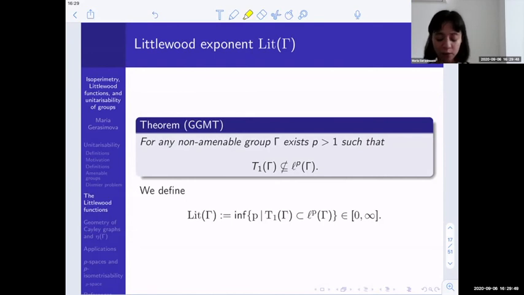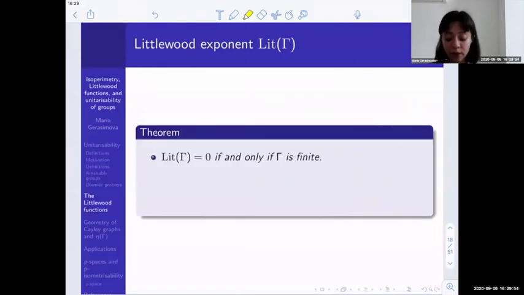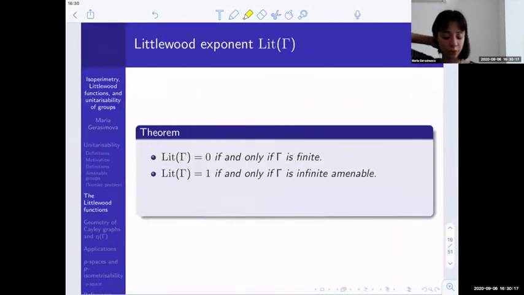Let me reformulate what I told you before in these terms. We know that the Littlewood exponent is equal to 0 if and only if gamma is finite. And this is the last moment in my talk when I'm interested in finite groups. In all that I'm going to say, I will assume that gamma is infinite. We also know, due to our result and the result of Wysoczanski, that the Littlewood exponent is equal to 1 if and only if gamma is an infinite amenable group.